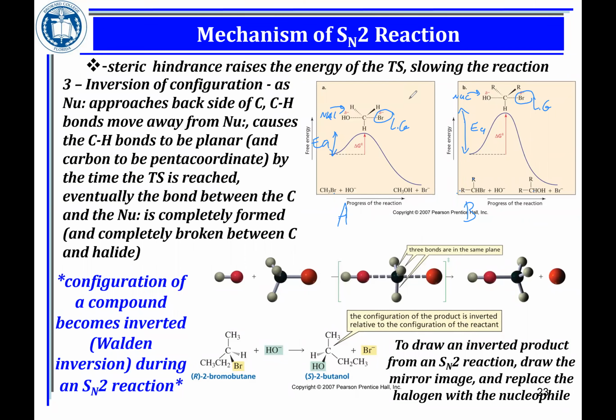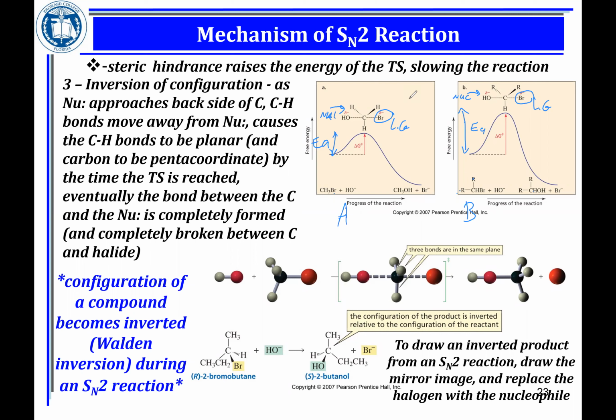And if you look at the transition state, you see that the leaving group is leaving while the nucleophile is coming. So the point of difference here is that for A, you have two hydrogens attached to the carbon. For B, you have bulky groups attached to the carbon carrying the Br.